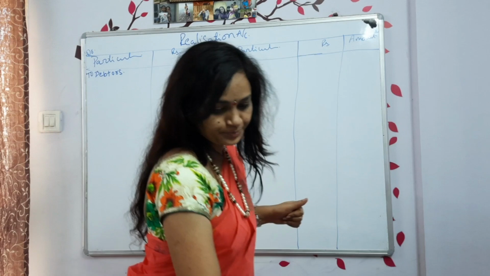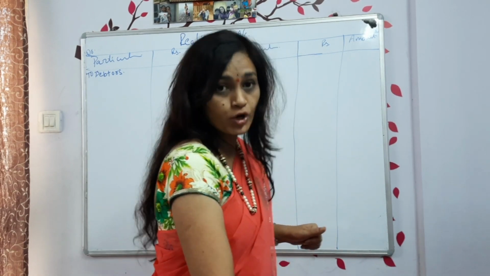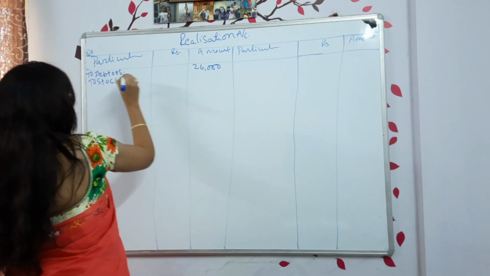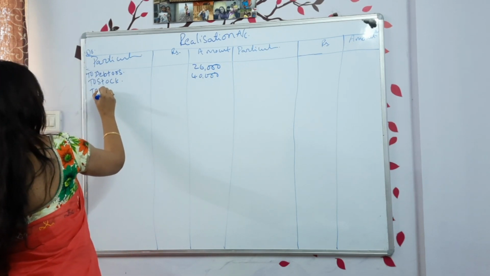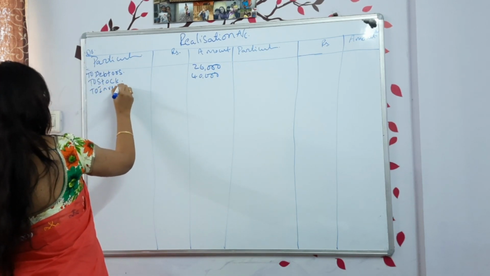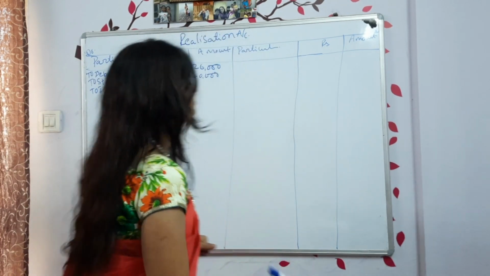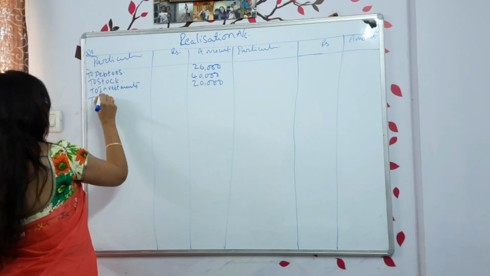Next one. To stock 40,000, and to investments 20,000.